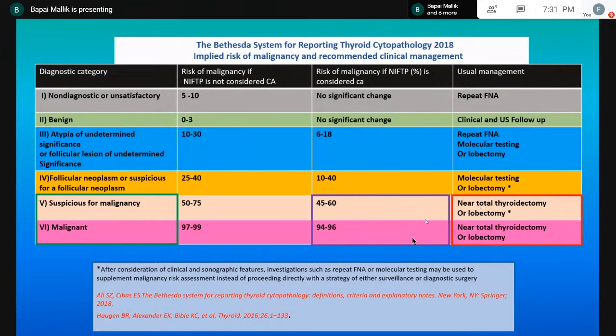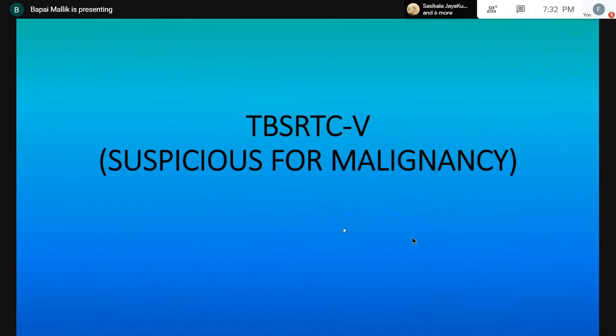Both of them, as far as the implied risk of malignancy is concerned, if NIFTP is considered a carcinoma, is from 45 to 60% in case of suspicious for malignancy and goes up to 94 to 96% in the malignant tumors. So with this, I start with Bethesda category 5.